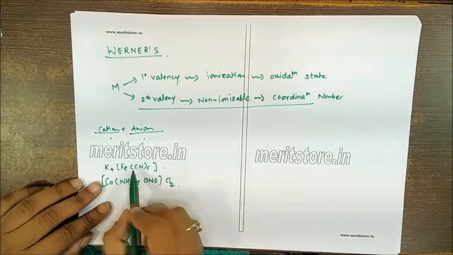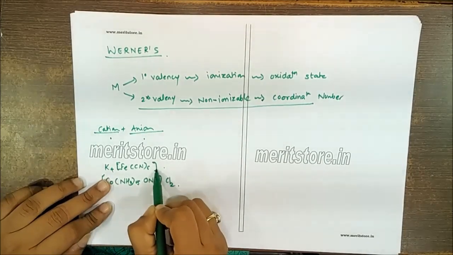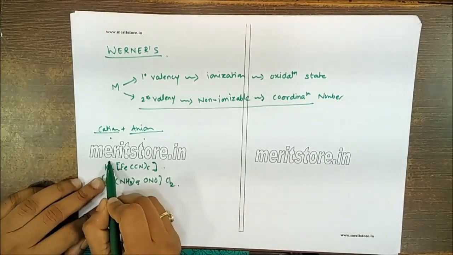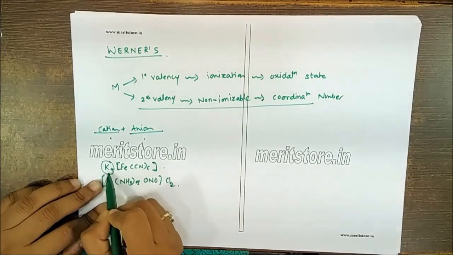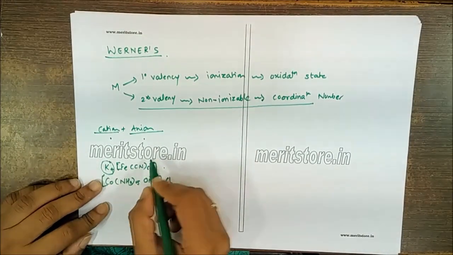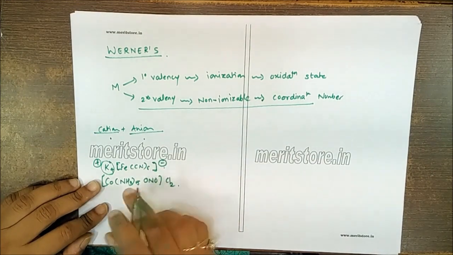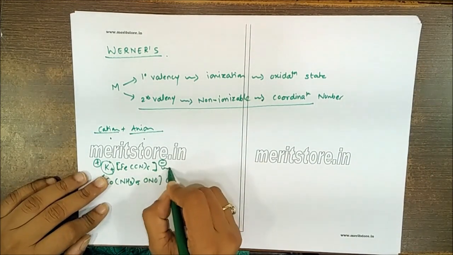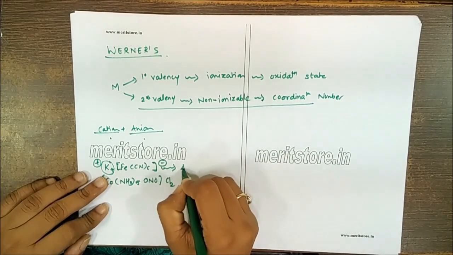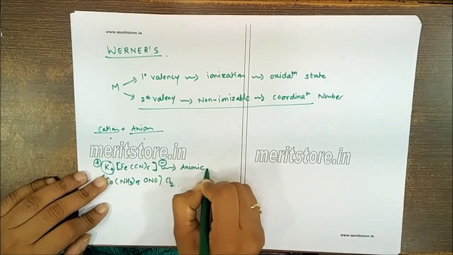Now if I look at this particular complex, this is a coordination sphere. Outside the coordination sphere there is a metal cation, which has a positive charge. So definitely if this is positive, then the complex will have a negative charge. So this particular coordination sphere is the anionic sphere.